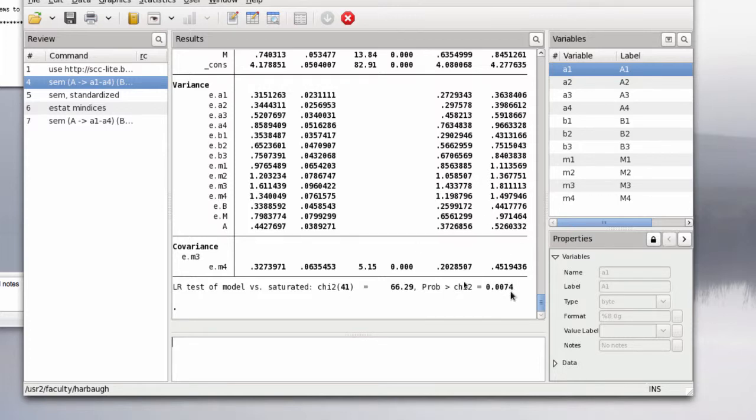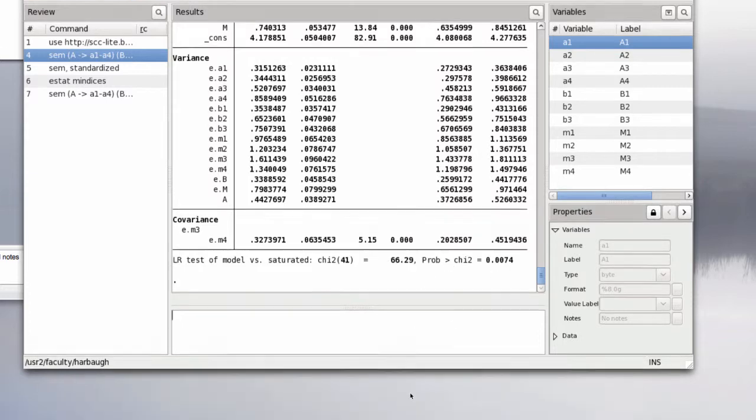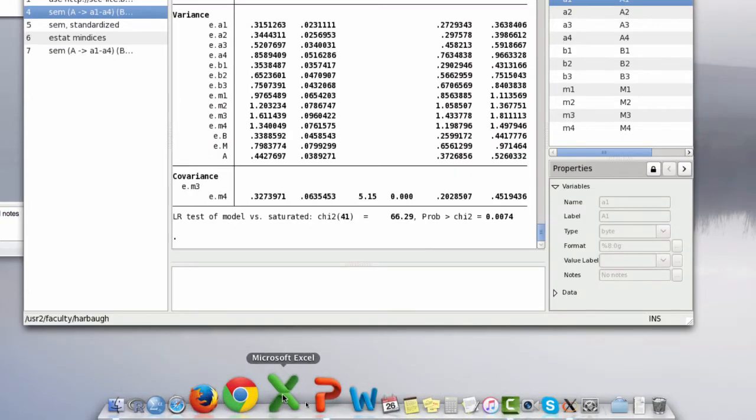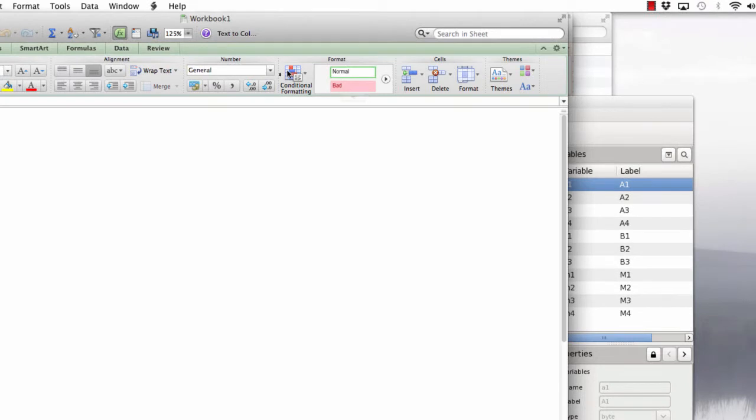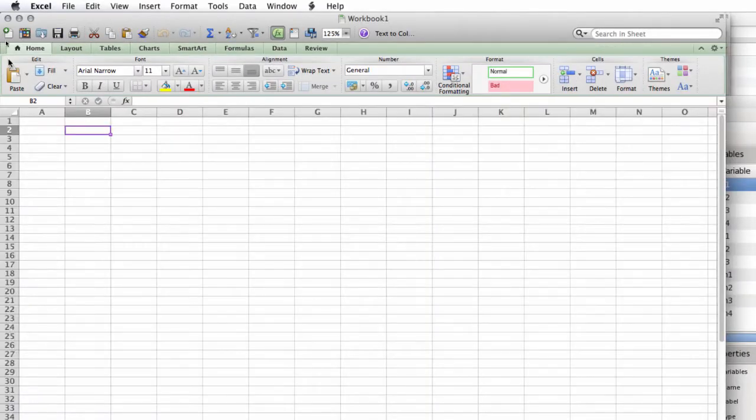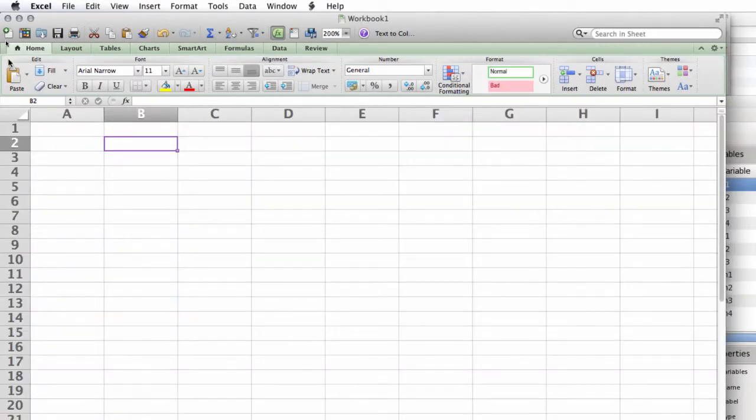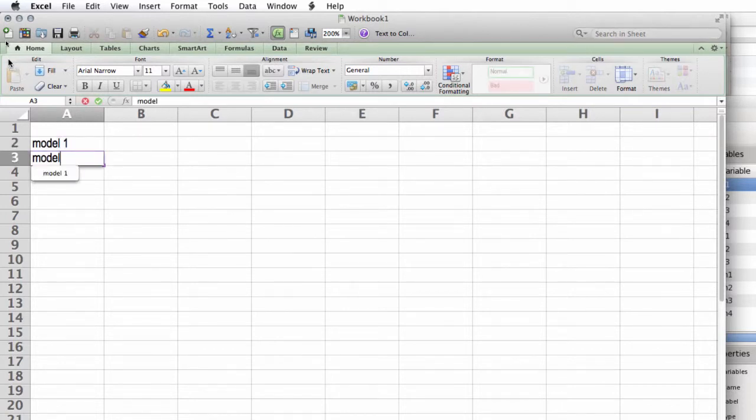Now, if I take those values, let me bring up Excel. If I take these values, so we've got model 1, model 2, we've got the degrees of freedom, we've got our chi-square.